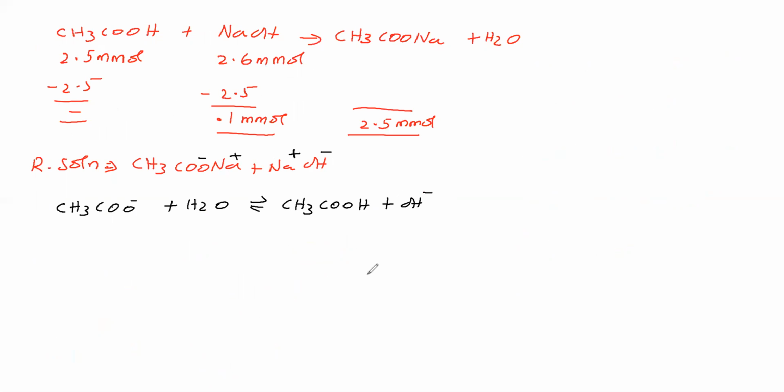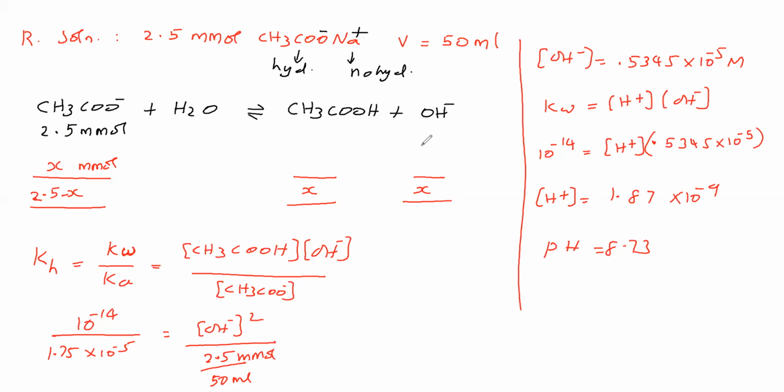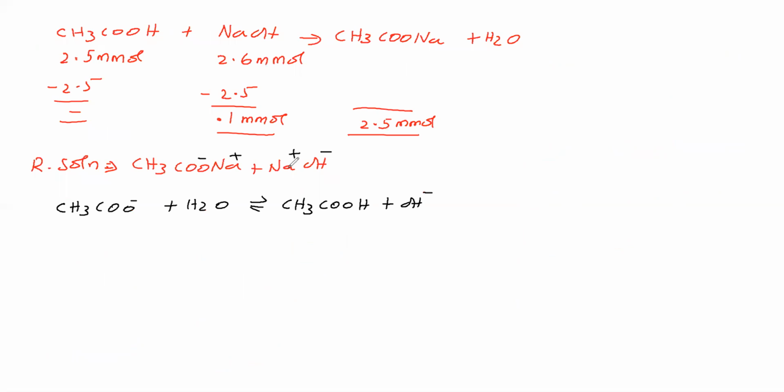Therefore, what is the concentration of OH minus we got here? 10 to the power of minus 5 molar. First we will find the concentration of OH minus from sodium hydroxide, then we will see the concentration of OH minus from the hydrolysis of acetate ion.